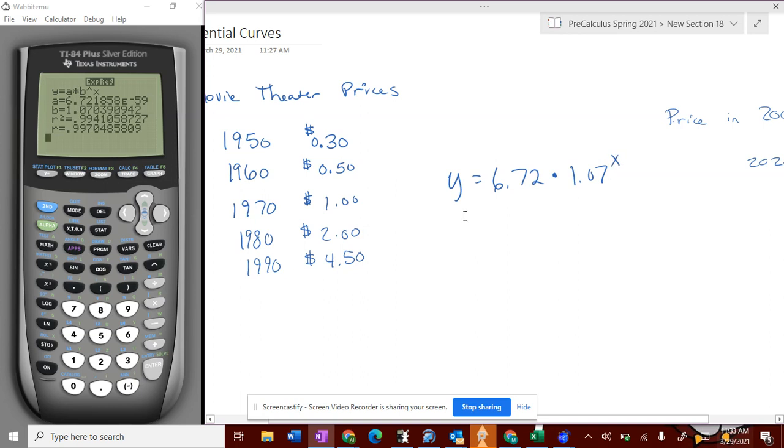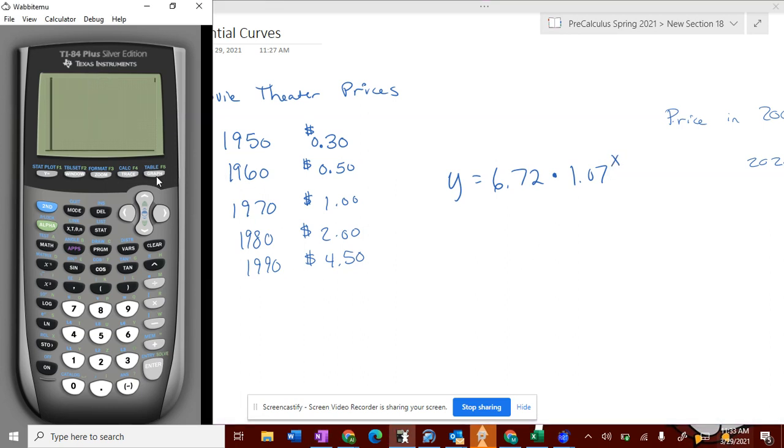Okay. If we graph that, I got to wait till it gets done graphing. We got to go zoom, stat, which is all the way down at 9, I think. And there we go. And it follows the exponential pattern really nicely.